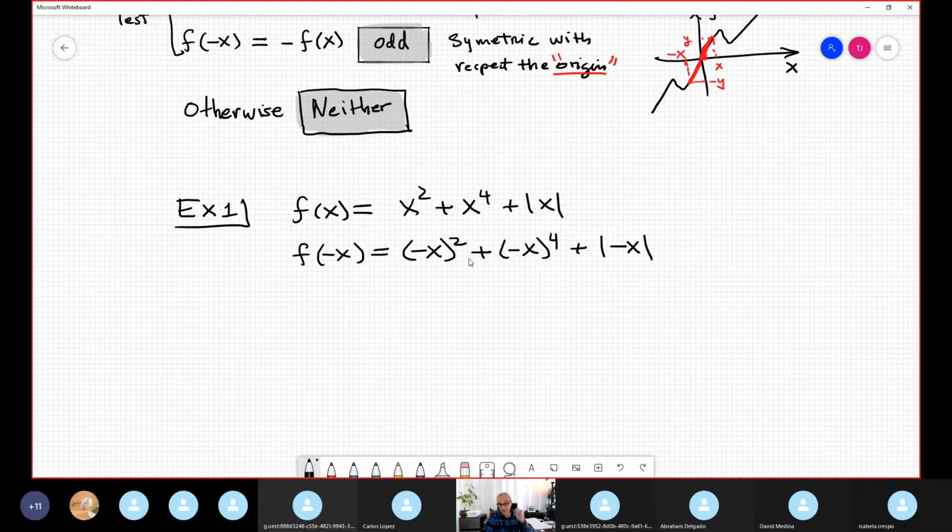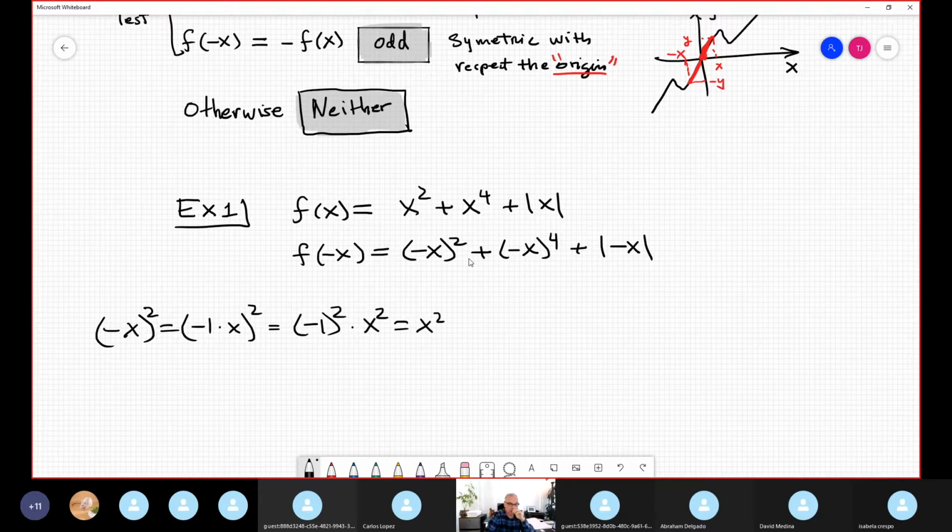One interpretation of this: you have negative x to the 2nd power. This is equivalent to negative 1 times x, squared. And this is negative 1 squared times x squared. And negative 1 squared is positive 1, so x squared.